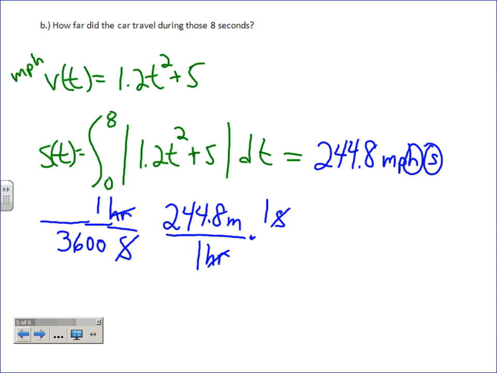Yes, it does. Take 1 times 244.8 times 1 and divide it by 3,600. Do you agree that there are 3,600 seconds in 1 hour? This is your conversion factor. Miles is the only thing left, right? So basically take 244.8 and divide it by 3,600. That'll make much more sense.